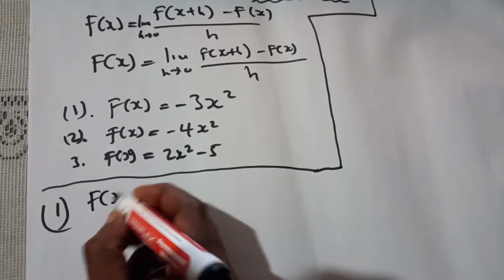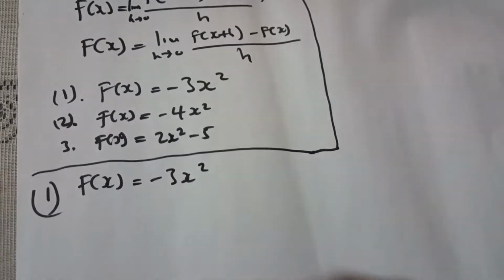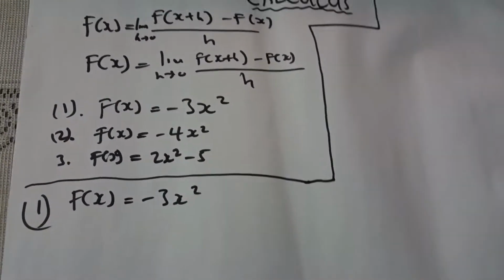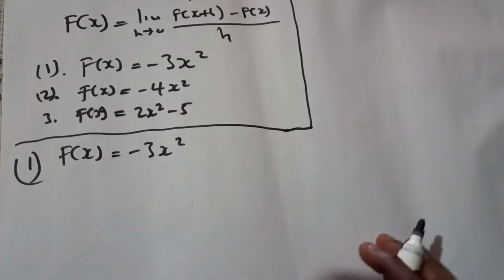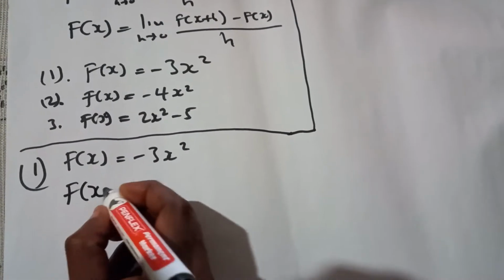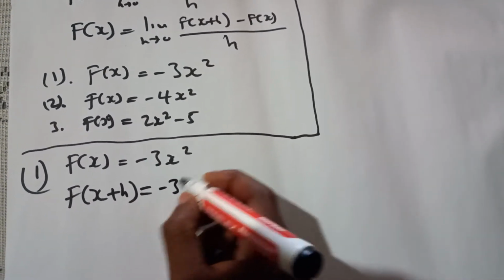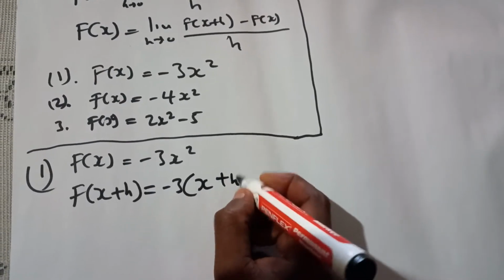That is f of x, which is equal to negative 3x squared. I hope everything is clear and I hope everybody can see. Now, from the first principle, that means we need to find our f of x plus h, which is going to be negative 3 times x plus h squared.